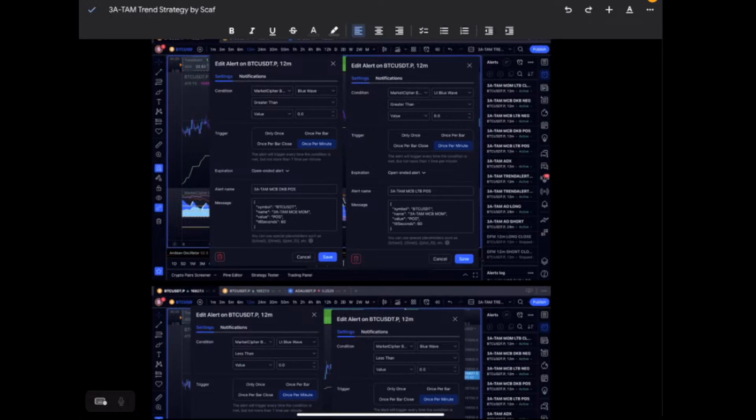And immediately to the right in the same picture, you can see I do the same thing with the light blue wave. So I actually have two alerts that are creating the same result.